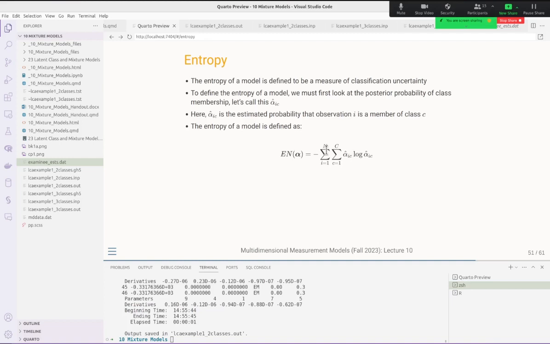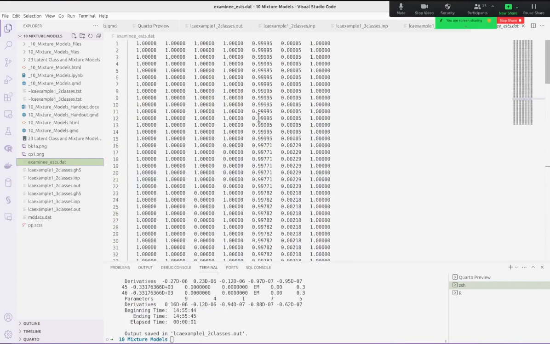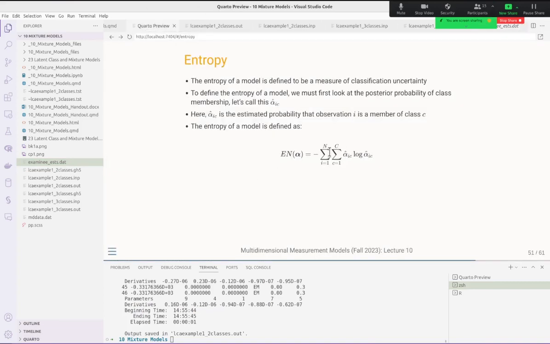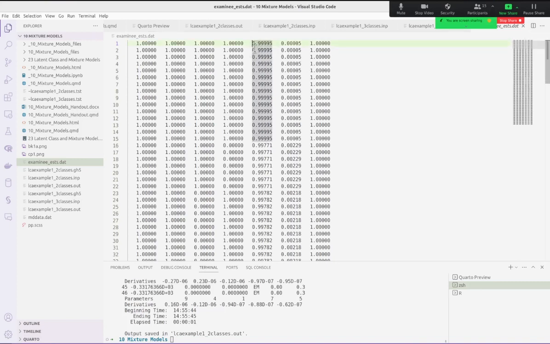If we looked at the output file again and saw that each person had a 1 for one class and a 0 for the other class, we would classify with complete certainty, and this entropy measure would turn out to be 0. Completely 0. If, however, we had the opposite, if each person had a 0.5 probability of each class, now we have no certainty at all.